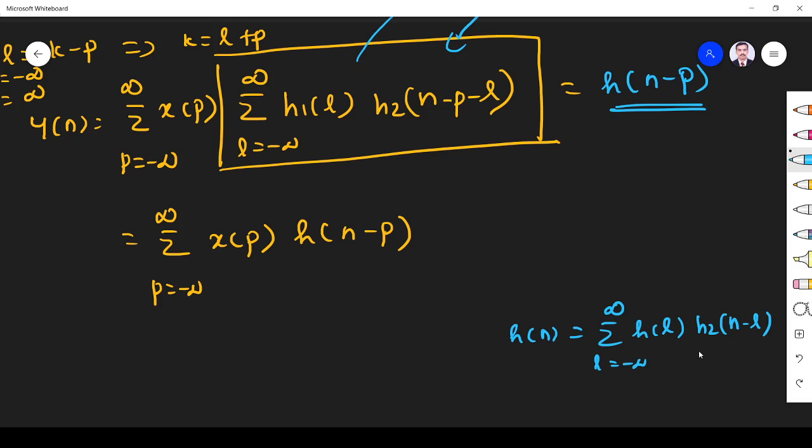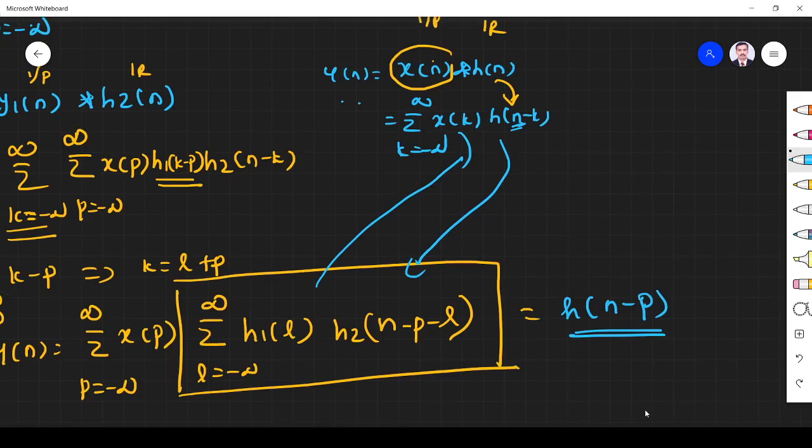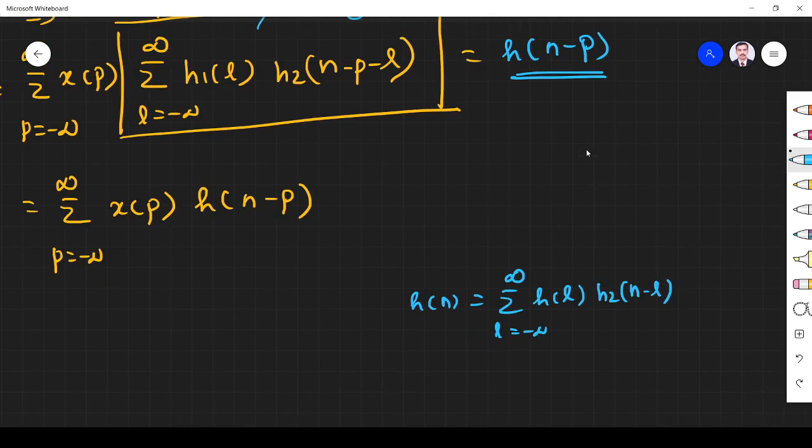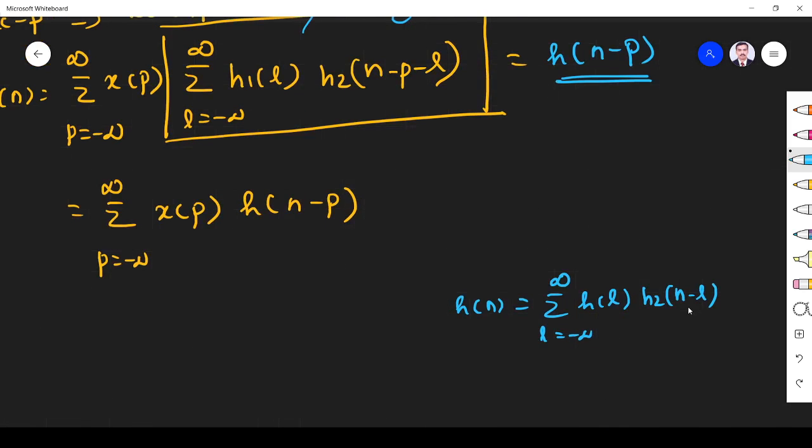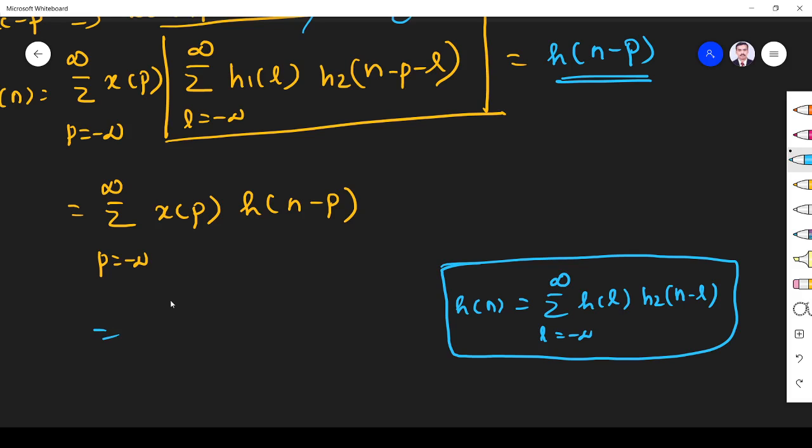Clear or not? It is like this equation, x of k, h of n minus k; it is h1 of l, h2 of n minus l, the general convolution equation, right? So this is my overall impulse response. It is a convolution of two impulse responses. So I can write this equation as y of n, x of n star h of n.